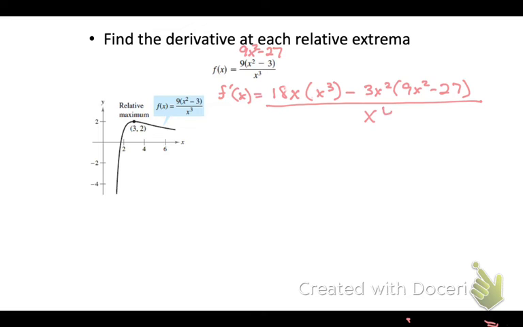Over x to the 6th. So then I have 18x to the 4th minus 27x to the 4th plus 81x squared. And I can take out an x squared out of everything.